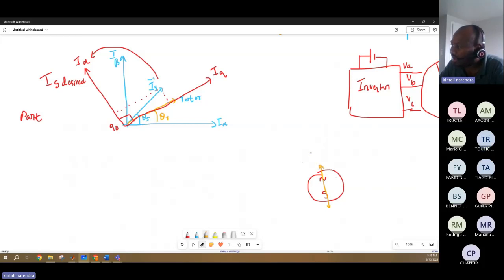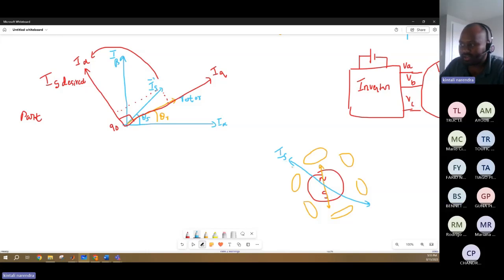And around this, you have three more magnets. Because of the field of the three, imagine there is a resultant here. This is IS. This is because of the rotor, and this is because of the stator.